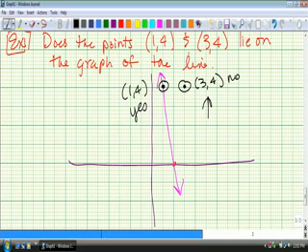If the point falls on the line, you put yes. If it doesn't, you put no. The pink line is the graph of the line. Y'all see that, right?